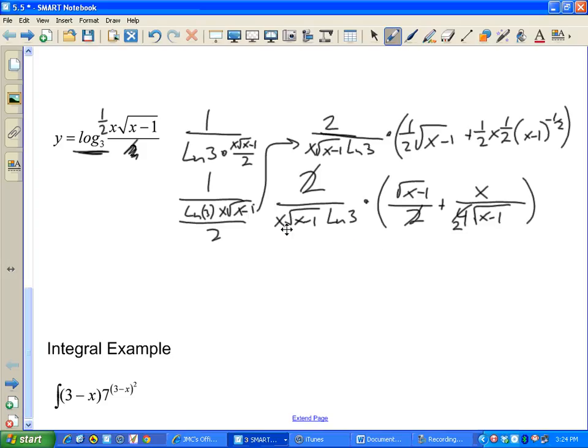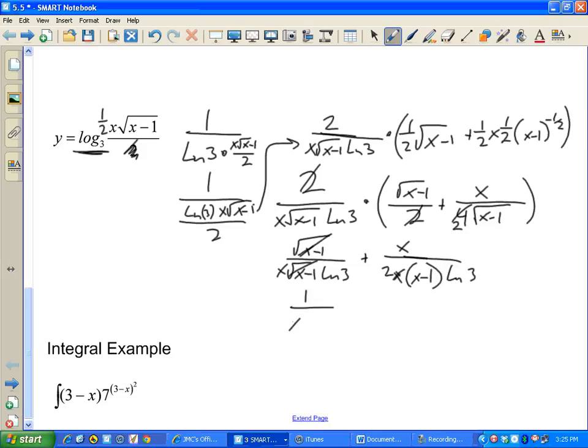And let's see, if I distribute this in, I'm going to have square root of x minus 1 on top, x, square root of x minus 1, ln 3, plus x over 2x. And now square root of x minus 1 times the square root of x minus 1 is just x minus 1. And then I've got the ln of 3. This cancels.